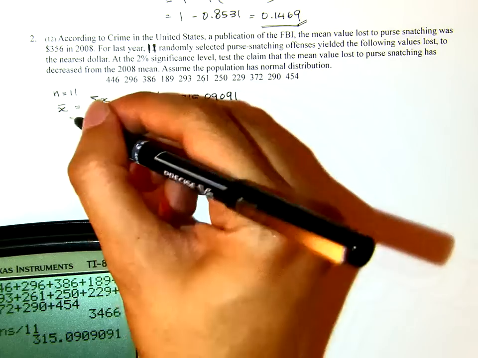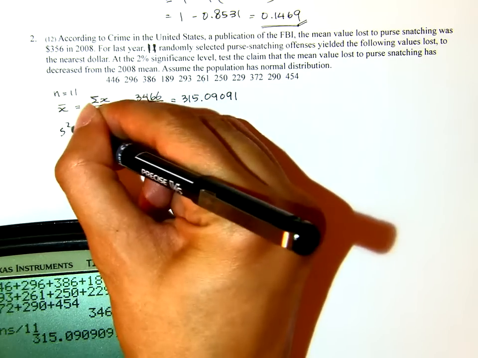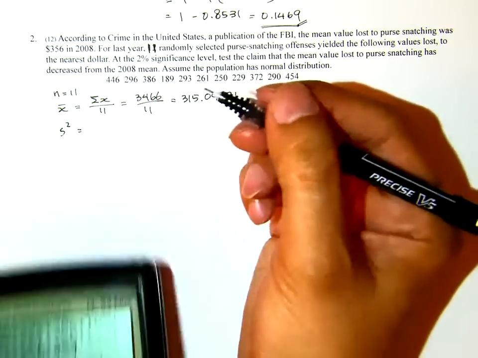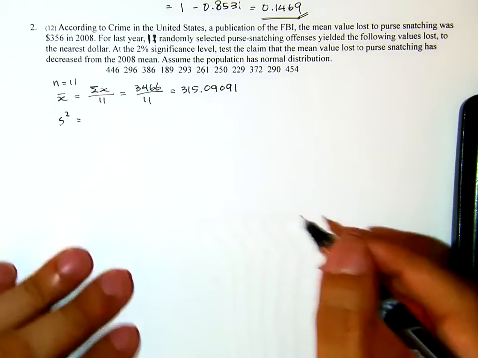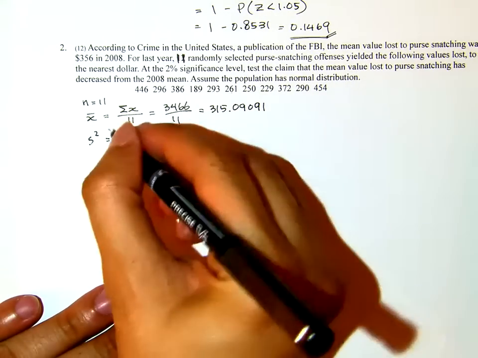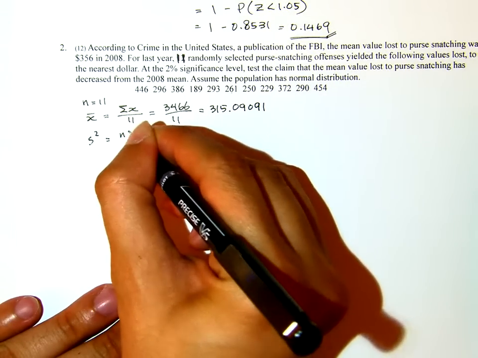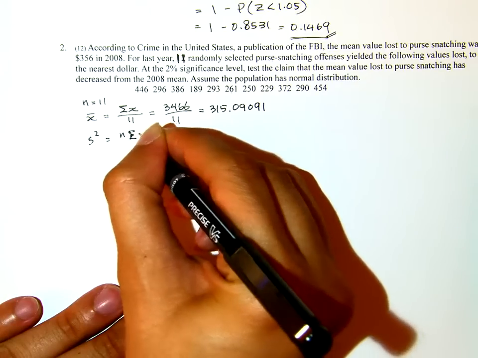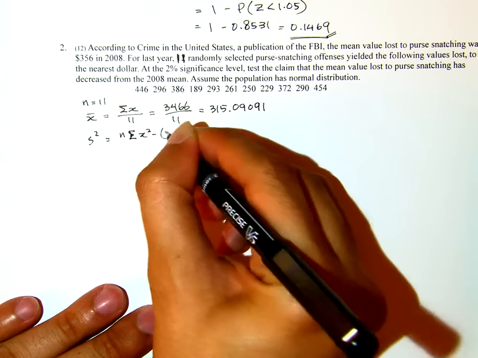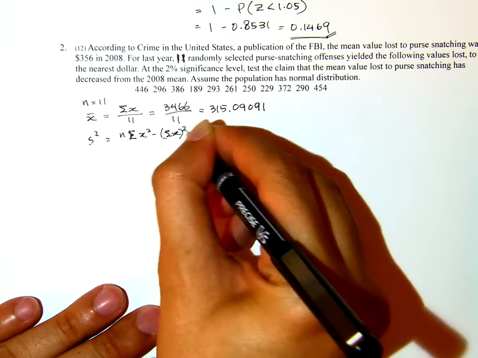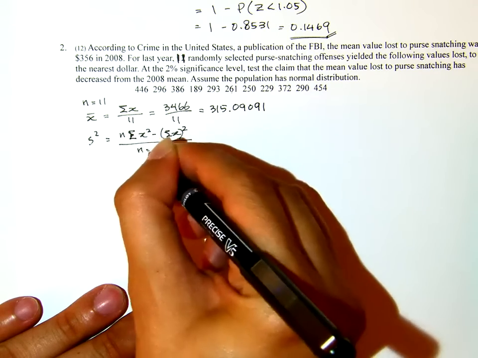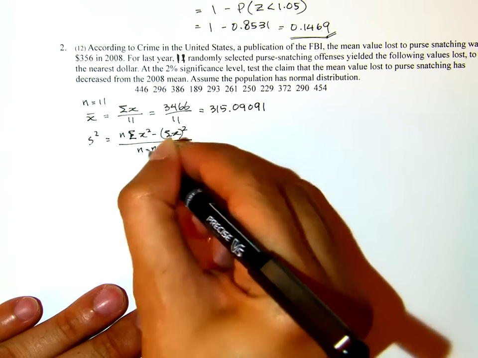Now the next thing I will compute is the sample standard deviation, which according to our formula is the square root of n times sigma x squared minus sigma x quantity squared, over n times n minus 1.